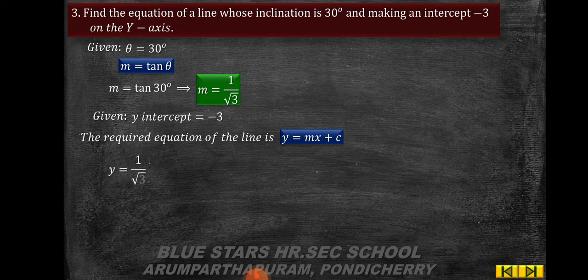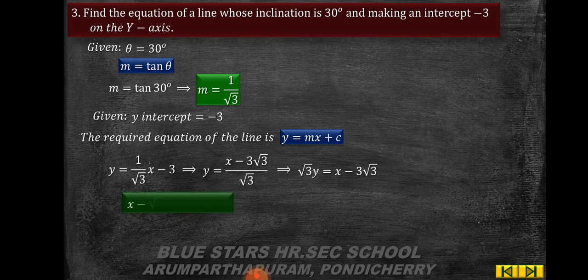So y is equal to (1 by root 3) into x minus 3, which implies y is equal to (x minus 3 root 3) by root 3. You just do a cross multiplication. Root 3 y is equal to x minus 3 root 3. Therefore the equation is x minus root 3 y minus 3 root 3 is equal to 0.